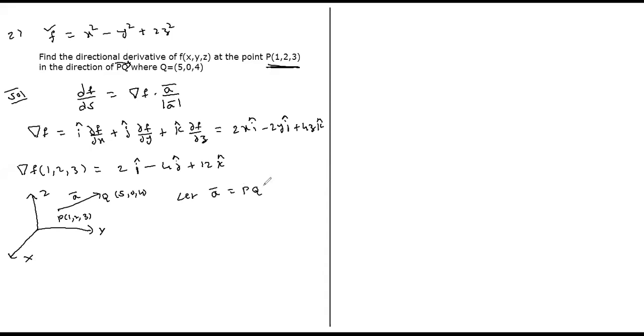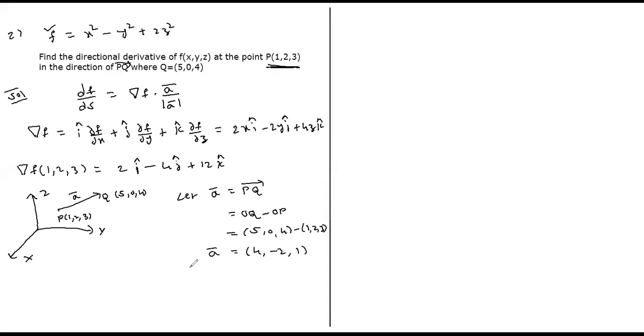This PQ bar is nothing but OQ minus OP. OQ is the point 5 0 4, minus OP, which is 1 2 3. So 5 minus 1 is 4, 0 minus 2 is minus 2, 4 minus 3 is 1.